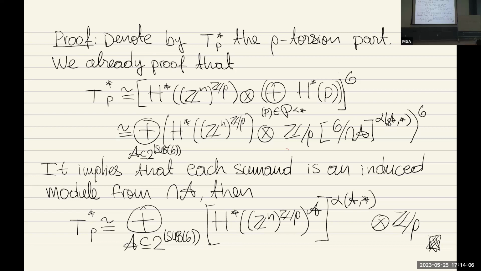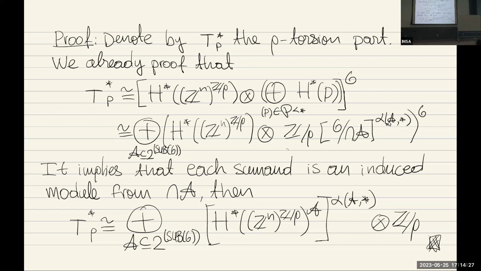And because this is a permutation module, this part really is an induced module. It's an induced module from this intersection of the family A to the group G.